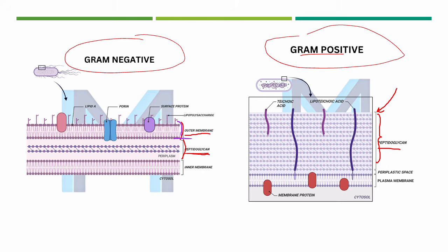But essentially, we apply crystal violet and iodine and alcohol and some other things, and the stain will then turn a certain color based on if it has a thick layer or a small layer.